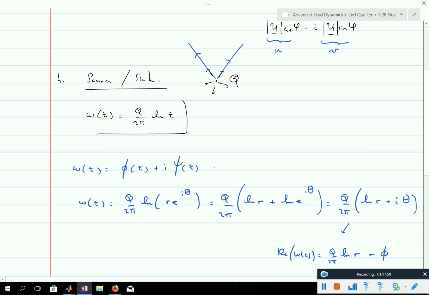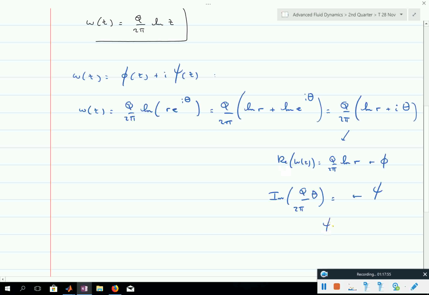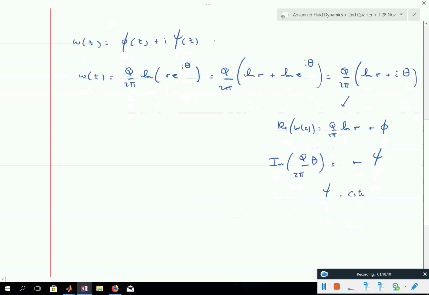Those are the streamlines of our source. Now look at my stream function. When is it equal to a constant? It's equal to a constant when theta is equal to a constant. And in polar coordinates, theta equal to a constant is exactly the equation of a radius. So this is okay.